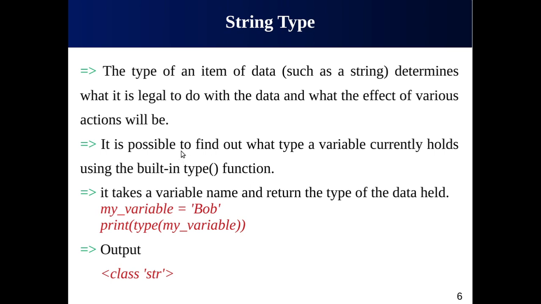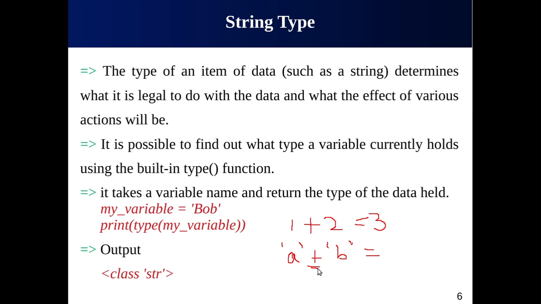For example, what the effect of using the plus operator is will depend on the type involved. If they are numbers like this, then we know the plus operator will add them together, and the answer in this case will be 3. However, if you apply the same operator on strings like this, in this case it is not a plus operator now.